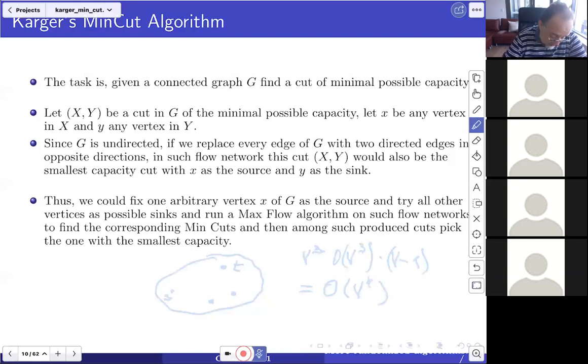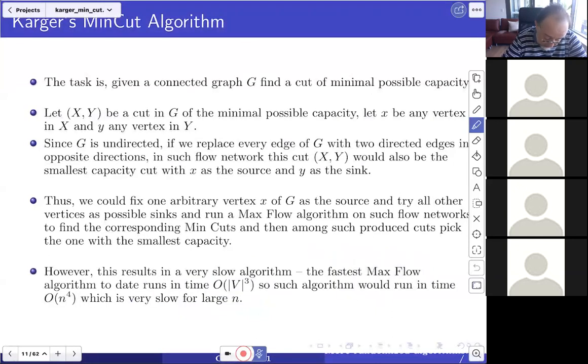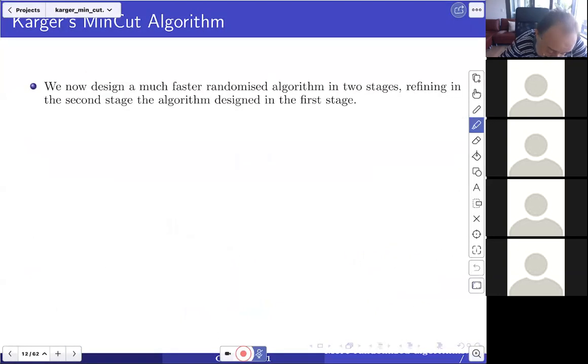Okay, so we want to find a faster way to find a min cut in undirected graphs. How do we do that? Well, the trick is to use randomization.